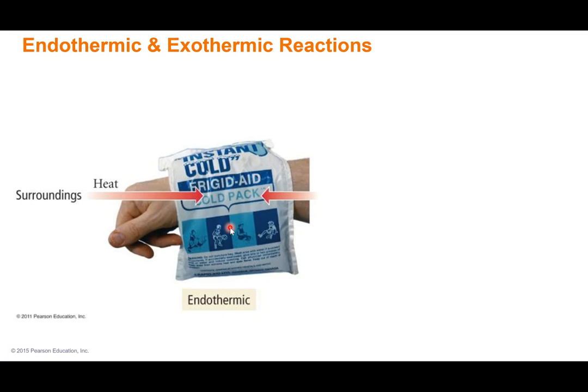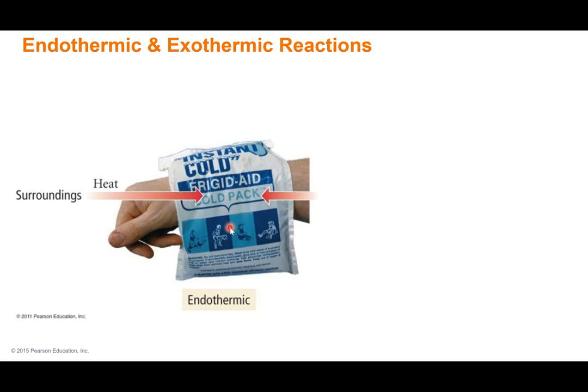When you break that bubble open inside of there, that starts the chemical reaction. So I break the bubble, I shake it, the chemical reaction starts to take place. The chemical reaction inside of that cold pack is an endothermic reaction. It has to take energy into the system in order for that reaction to take place.